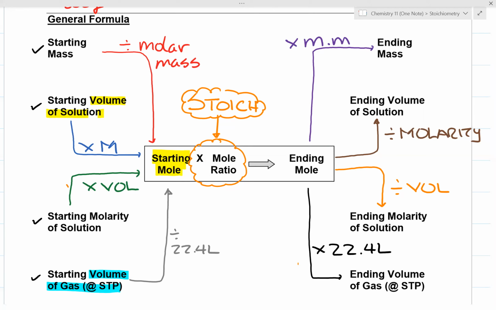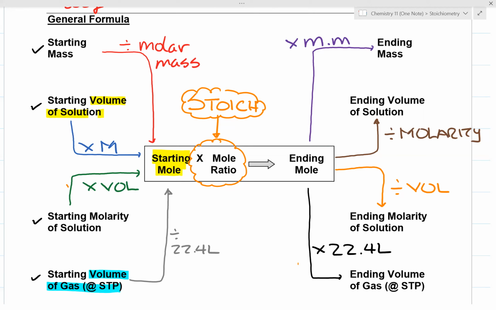Then you multiply it by the mole ratio towards your ending moles, and then you can find your ending mass, your ending volume, or your ending molarity, by doing the appropriate calculations.